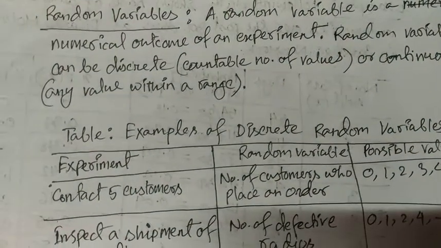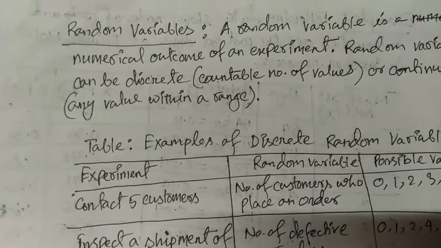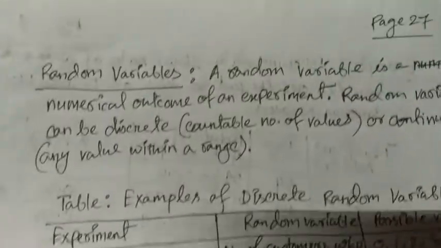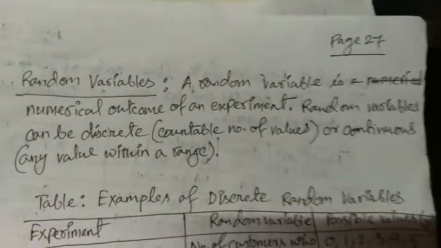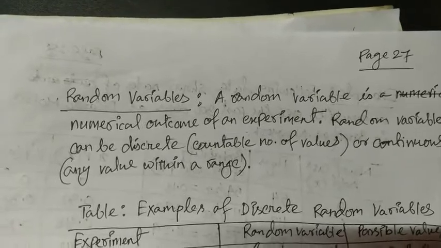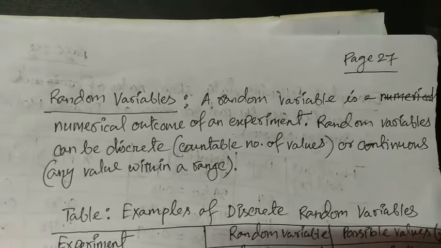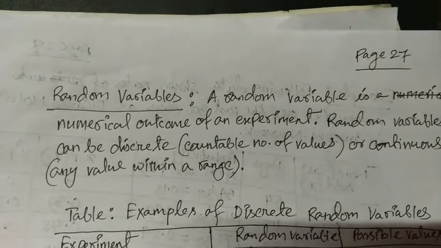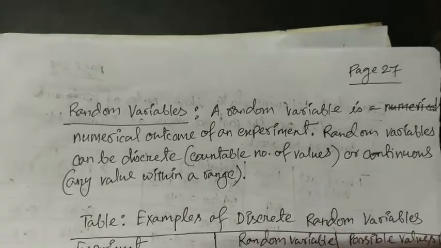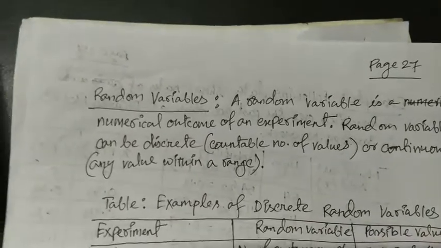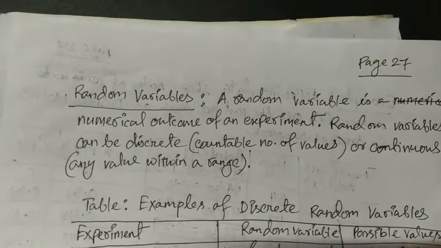We call a variable random when it comes with a probability, that is, when we do an experiment and get a numerical outcome. That is a random variable.